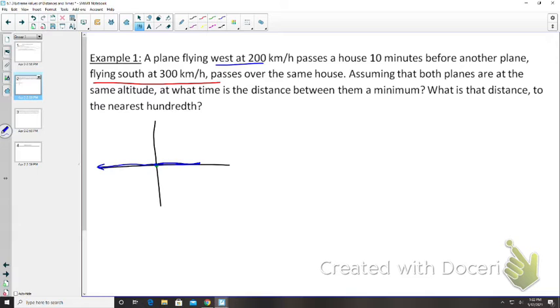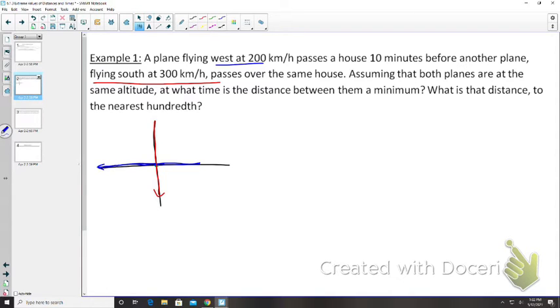I hope you can hear my sound effects. And then 10 minutes passes, and this plane continues to fly. Then 10 minutes later, a plane flying south passes over the same house. So that's what it kind of looks like, with our blue plane flying west.